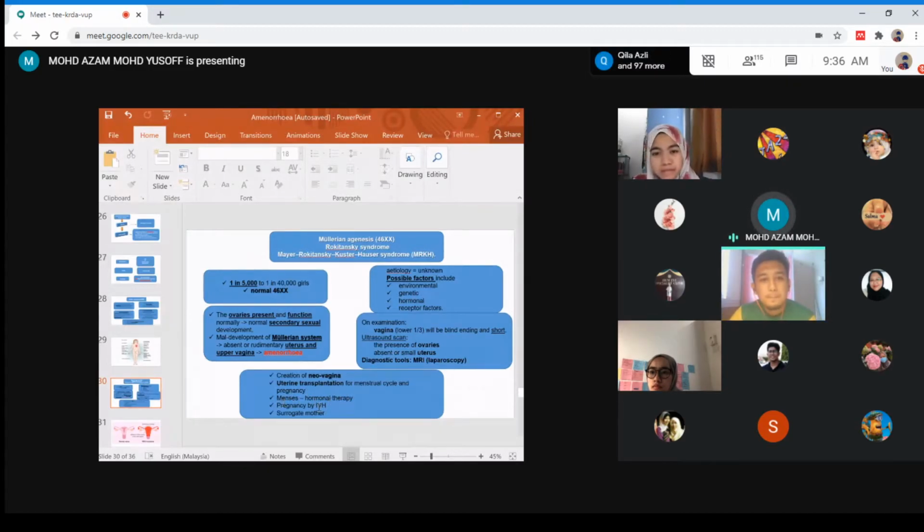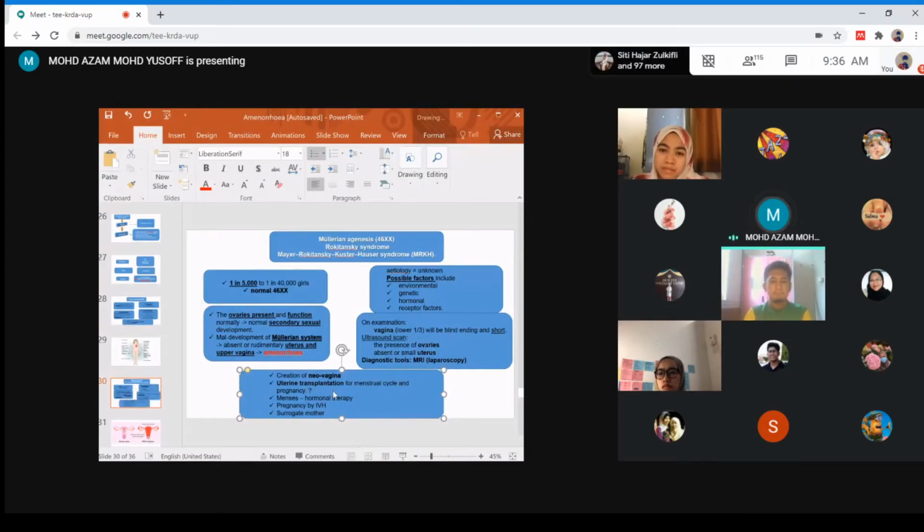Pregnancy is best by IVF. If we transplant the uterus, actually we don't transplant the fallopian tube. We just transplant the uterus.